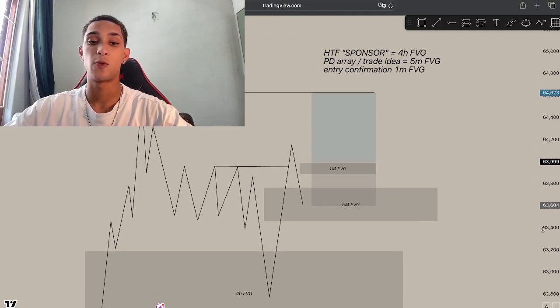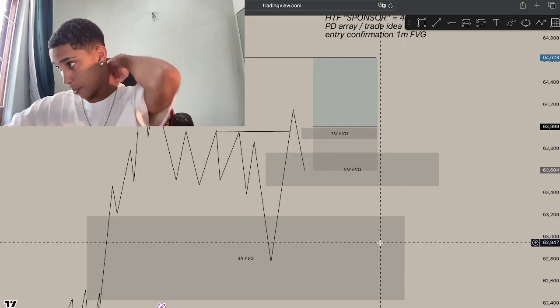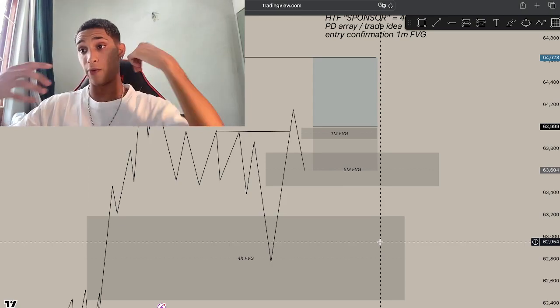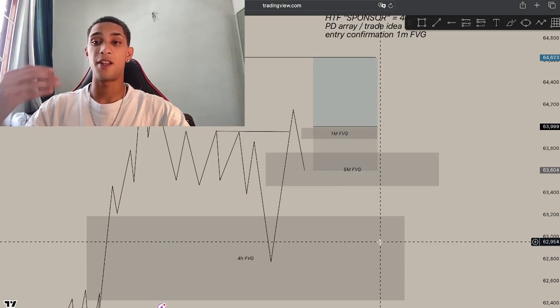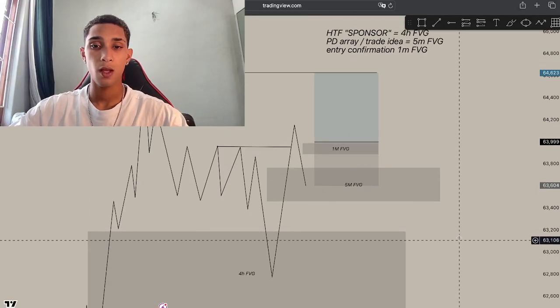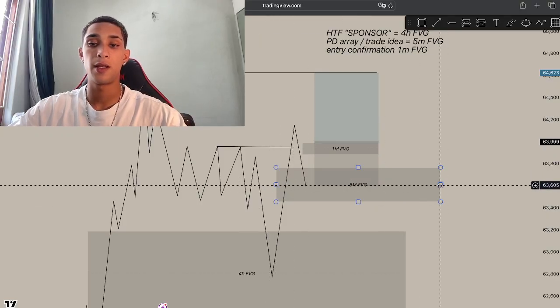Again, I'm just going to say this one more time. First step was our 4-hour fair value gap. That is sponsoring our move. It's responsible for the fact that we are understanding that price is pushing in one direction for a solid period of time. After that, we have a 5-minute fair value gap here. That's our trade idea.